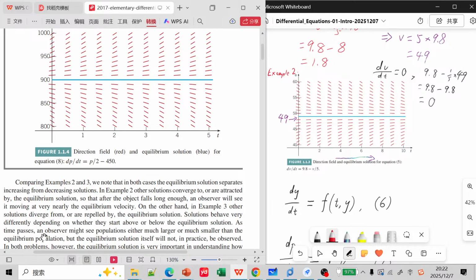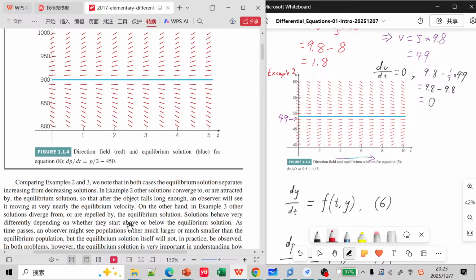As time passes, an observer might see populations either much larger, for example in this situation, it becomes larger, or much smaller, for example in this situation, becomes smaller than the equilibrium population. But the equilibrium solution itself will not, in practice, be observed.